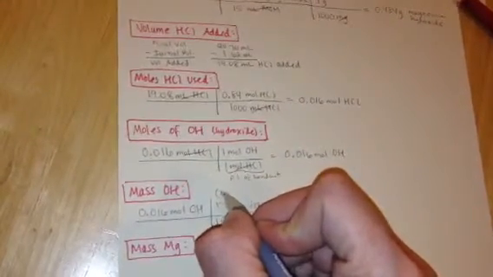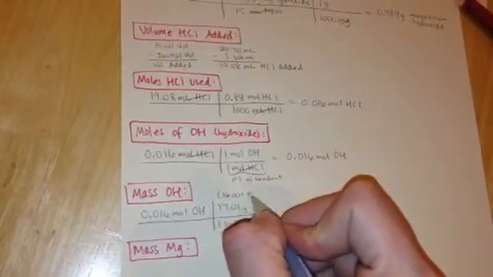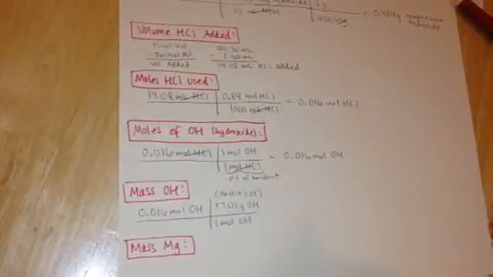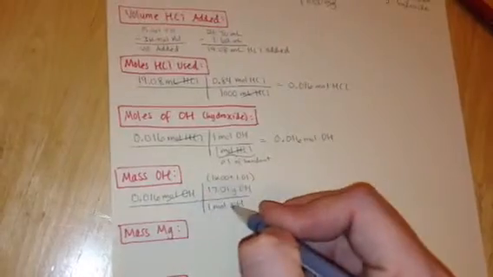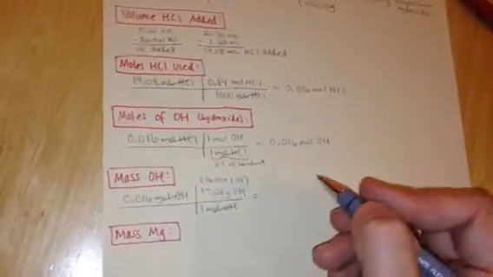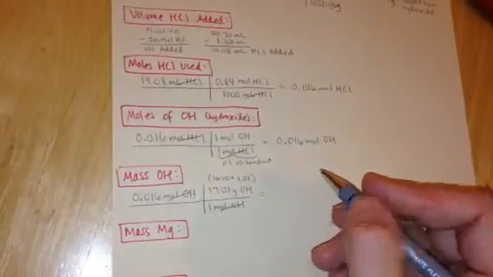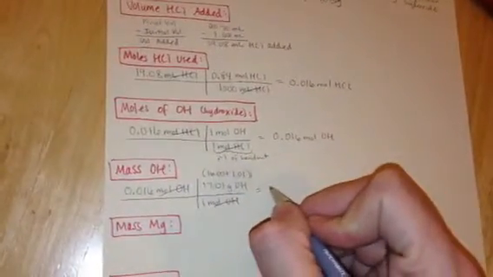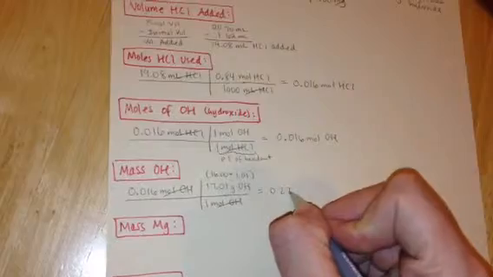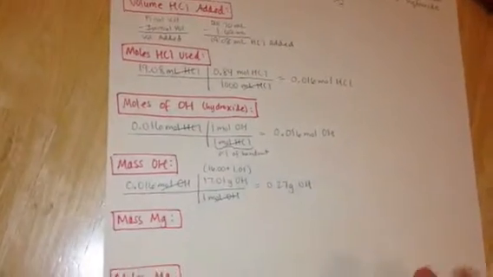This comes from O being 16 and H being 1.01 for your atomic weights. Your moles cancel, and you will end up with, again to 2 significant figures here, about 0.27 grams of hydroxide.